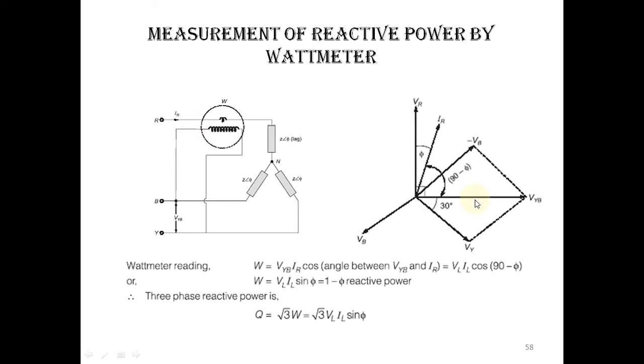So how much is this angle? See, this whole angle is 180 and this angle is 120. So this angle is 60, and these magnitudes are equal. So this angle is 30, this angle is 30.